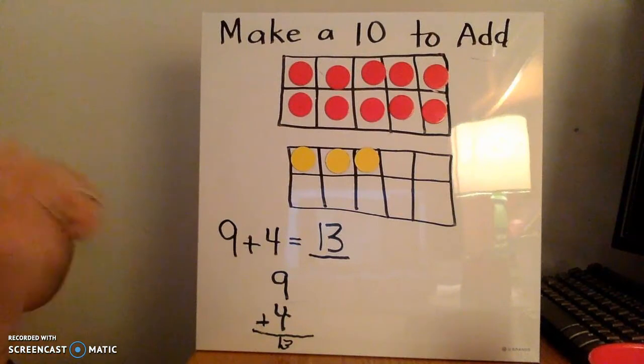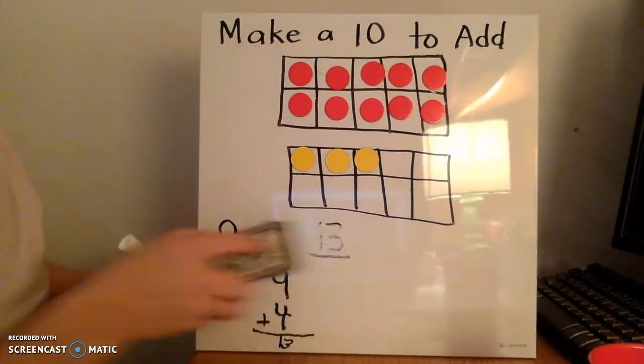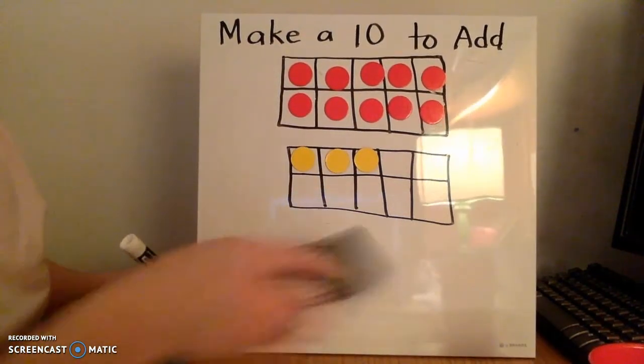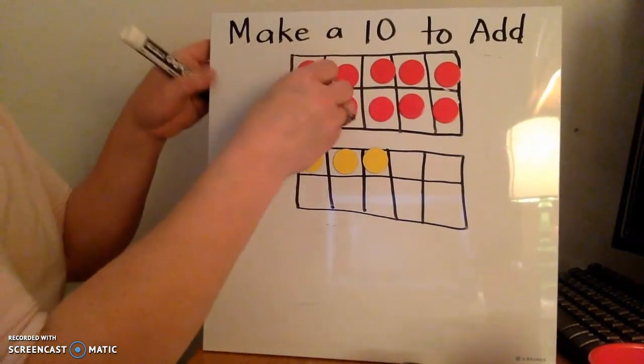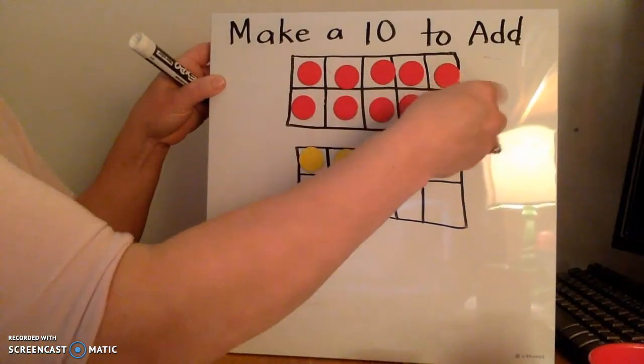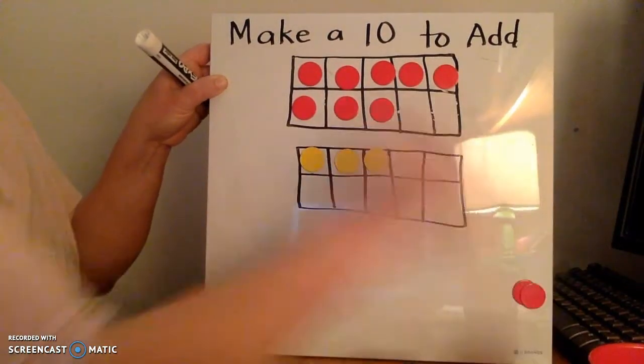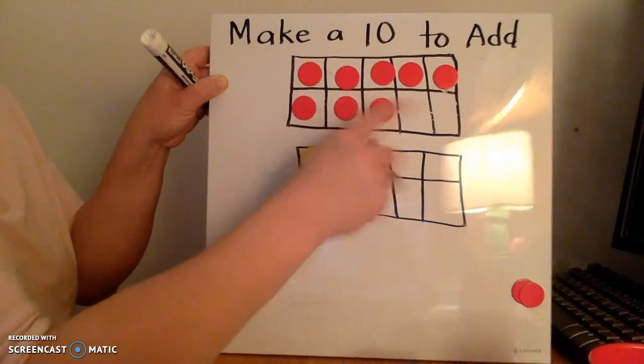Let's do another. Okay, so this time we're not going to add on to 9. We're going to try adding on to 8. So I'm going to build 8. 1, 2, 3, 4, 5, 6, 7, 8.